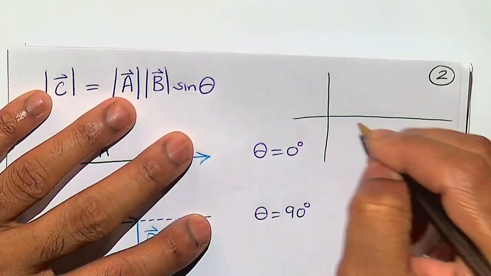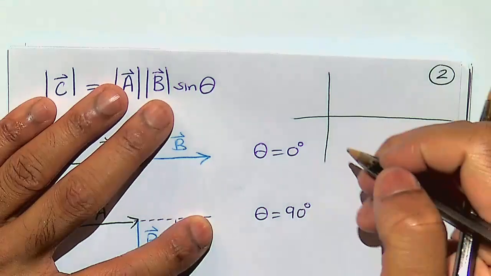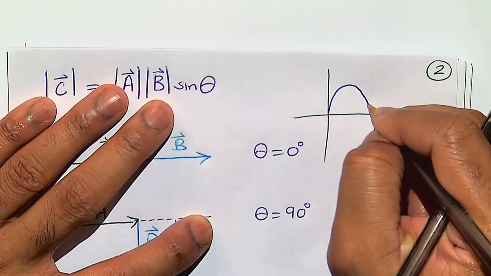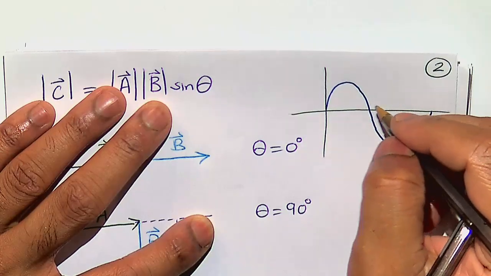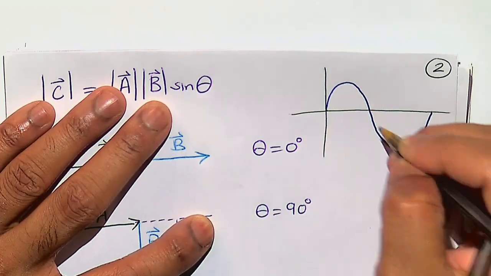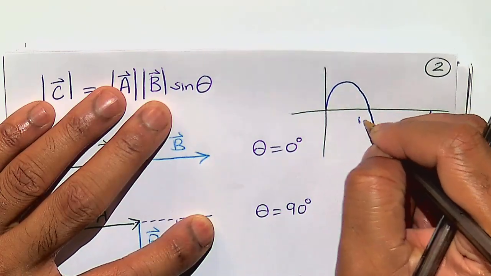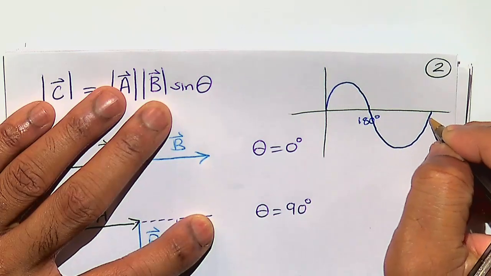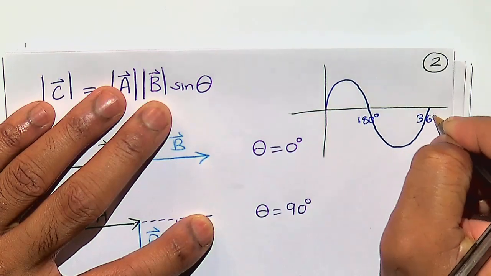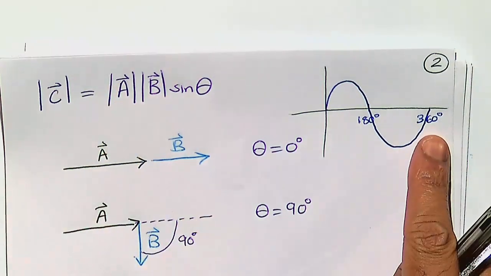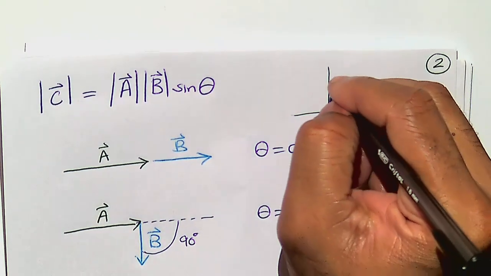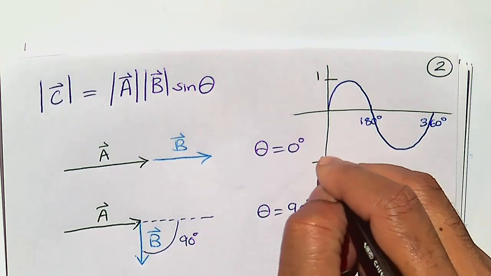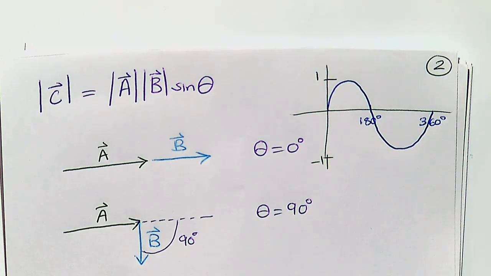The function looks something like this, right? And it's 0 at 0, it's 0 at 180 degrees, it's 0 again at 360 degrees, either 2 pi or pi, right? And the values it can have, it can go up to 1 or -1, right? So that's the sine function.